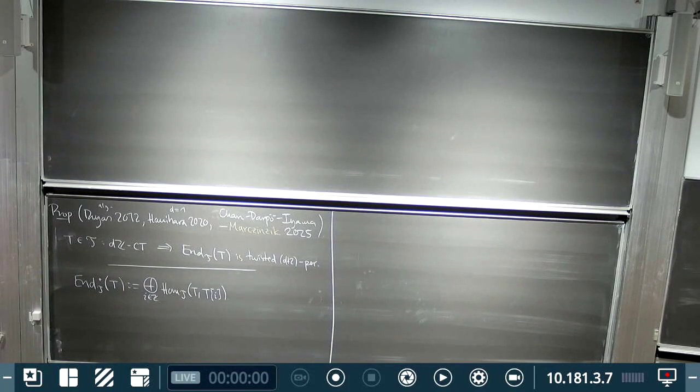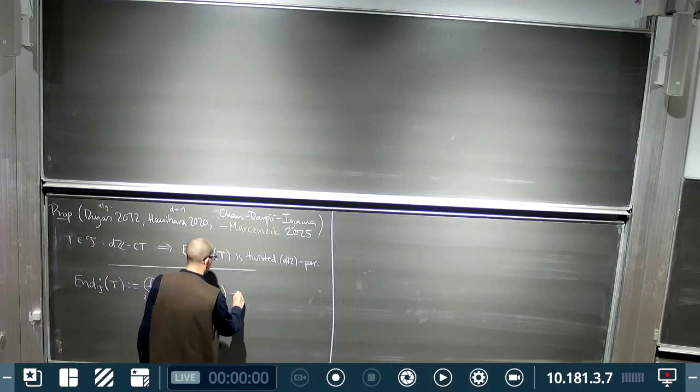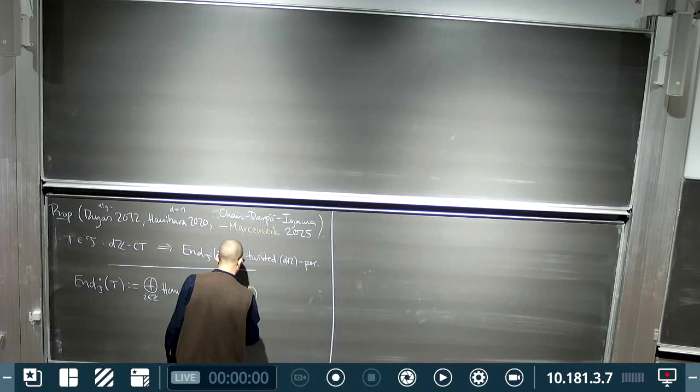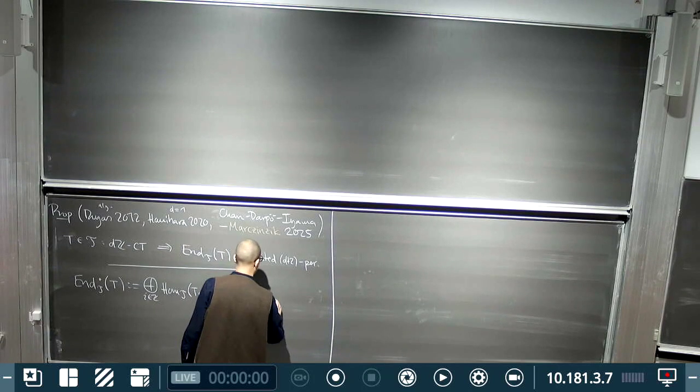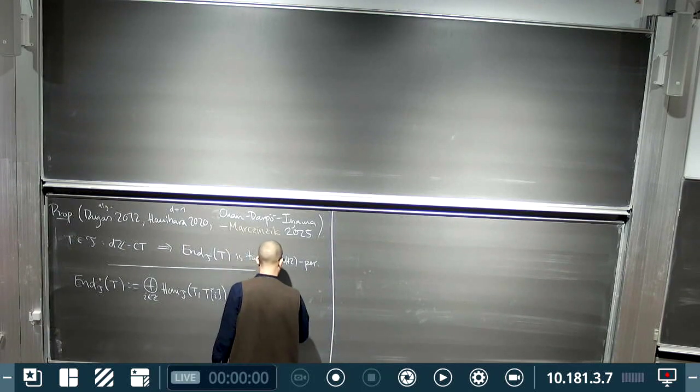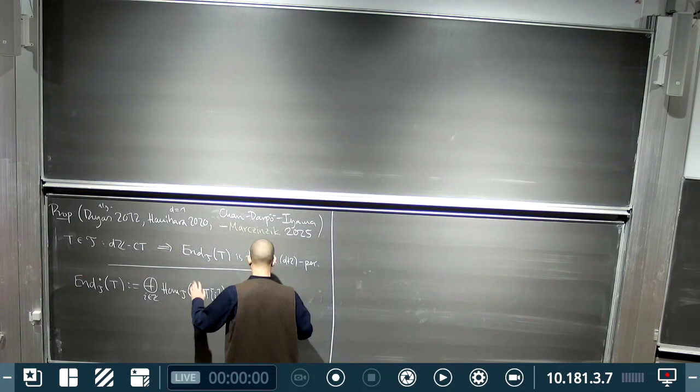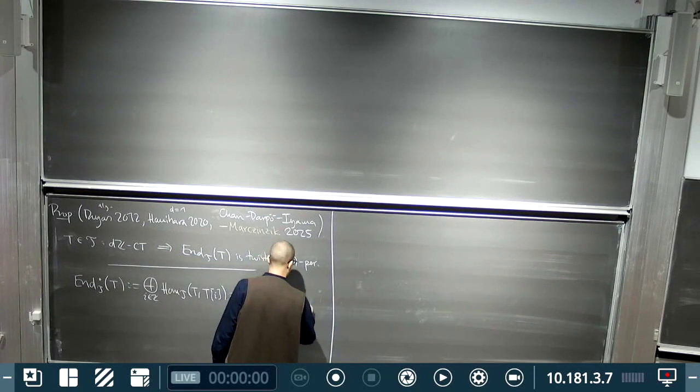Now T, of course, belongs to its additive closure, so it has no self-extensions in degrees strictly between 0 and d. And by virtue of this isomorphism, there are actually no self-extensions in any degree that is not a multiple of d. So this is just the sum over all multiples di of d of Hom from T to T shifted by di.